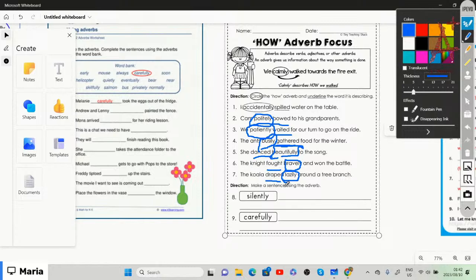And then we used a few examples of us identifying the adverb within a sentence, or we identified first the verb. Sometimes it can be tricky, right?